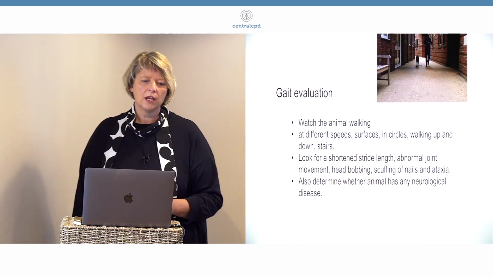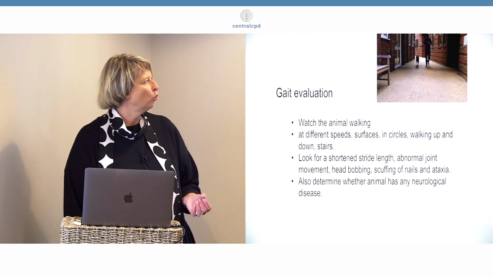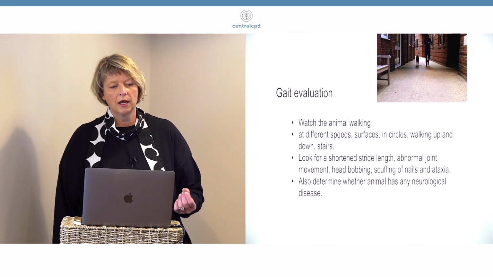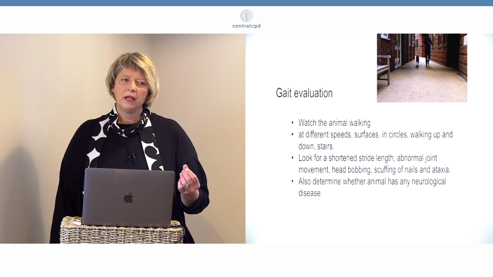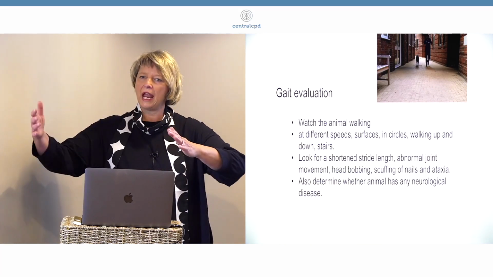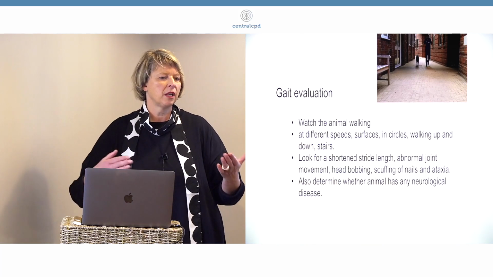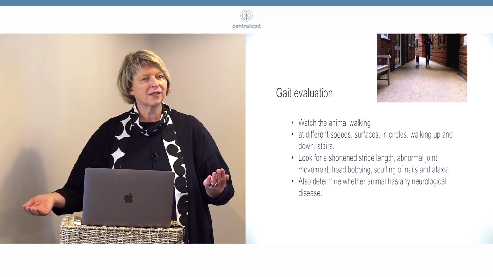And then we do a gait evaluation. There we want to watch the animal walk, and that usually means we need to go out of the consulting room into an area where the animal can be walked freely. That might be a corridor or an outside space.